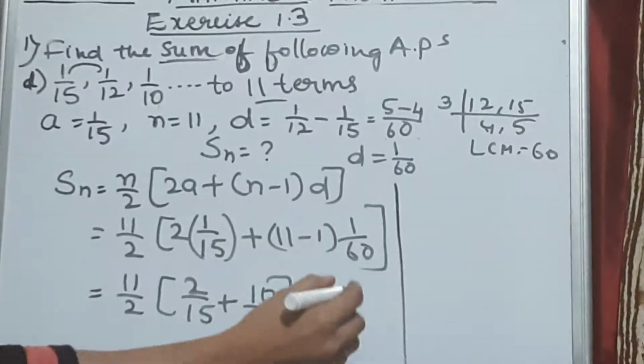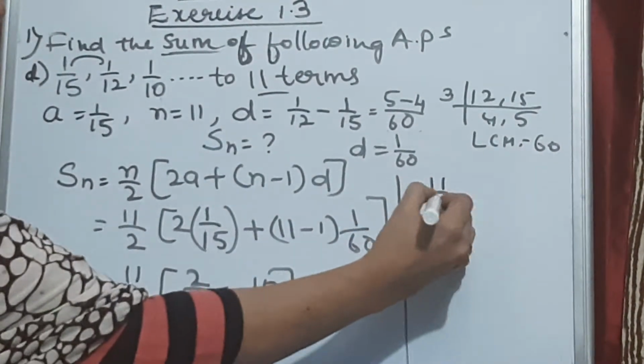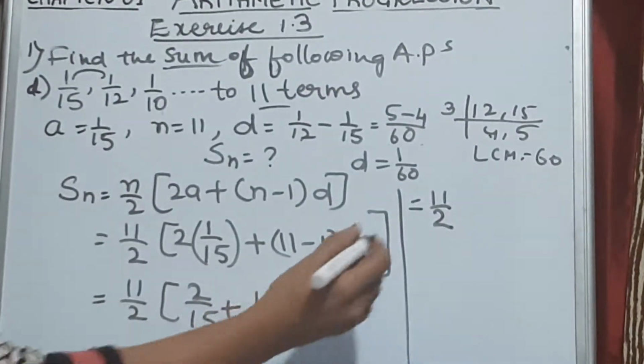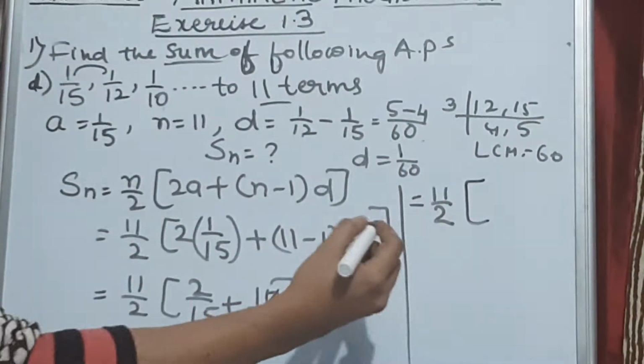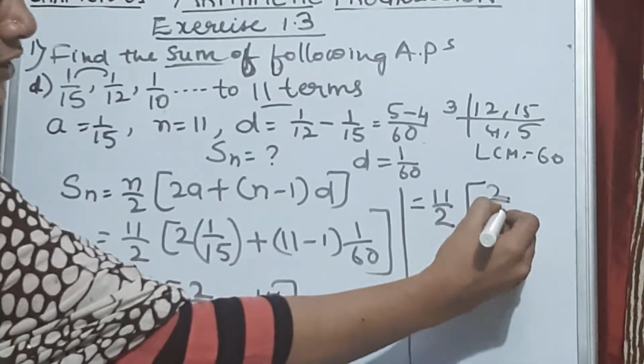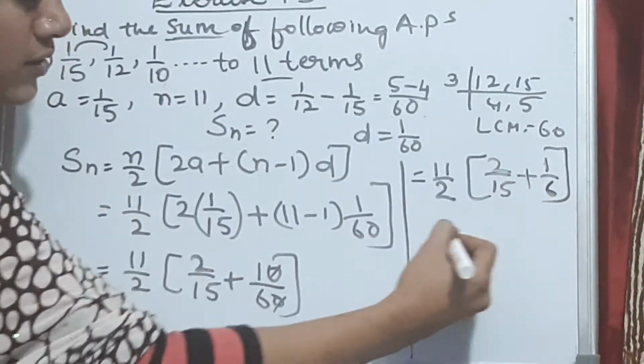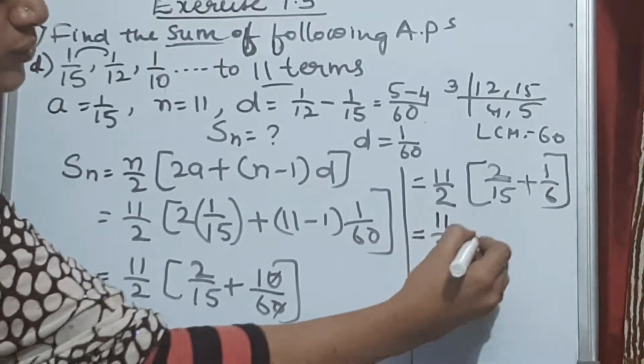Here I will start. 11 by 2. This we can cut easily, it can be added easily. 2 by 15 plus 1 by 6, I am writing. Next 11 by 2.